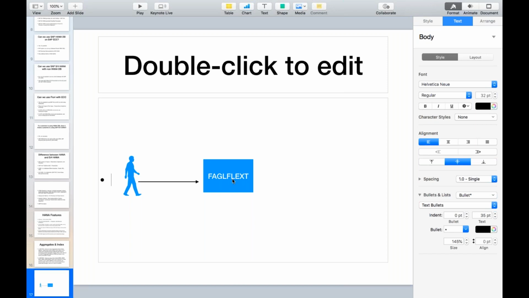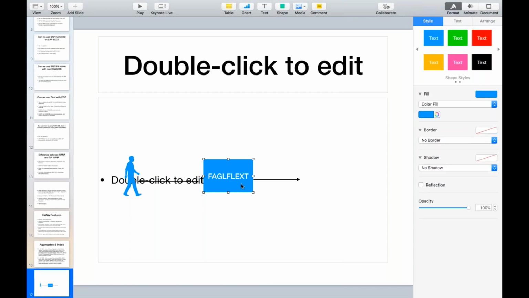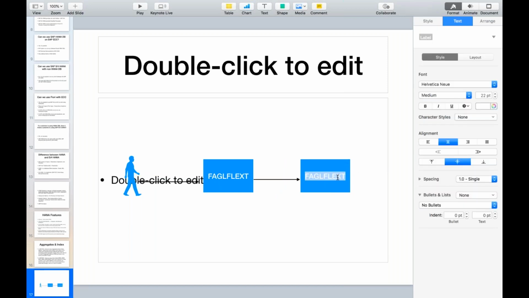So what SAP has done is, this FAGLFLEXT will automatically, even the user will not come to know what is happening in the background, FAGLFLEXT will automatically go and fetch this information from ACDOCA, or maybe any other table which is holding this data.